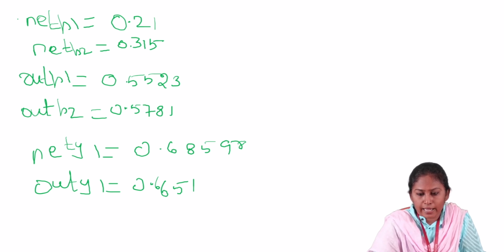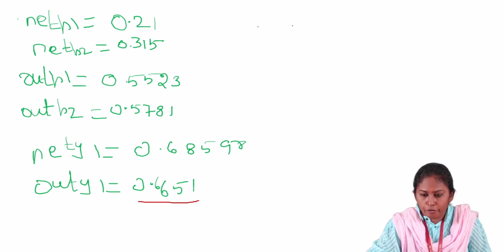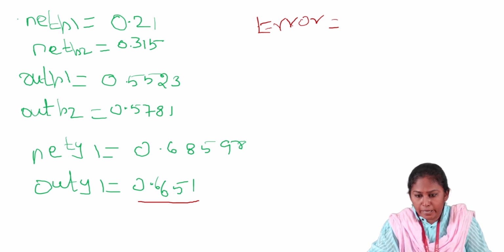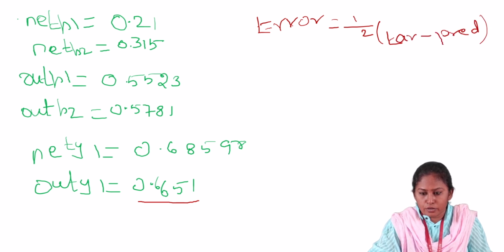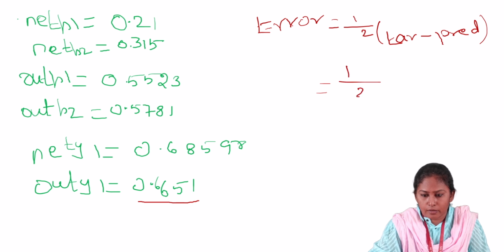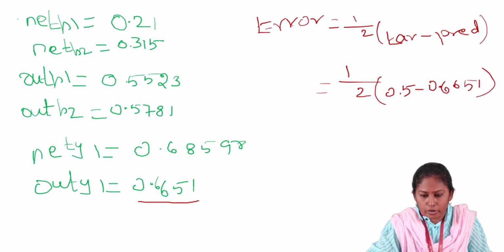Now we are going to calculate the error here. So error is nothing but, as we have seen, 1/2 of target minus the predicted. Here the predicted value is 0.6651, and the target, let us assume, is 0.5, minus the predicted 0.6651.